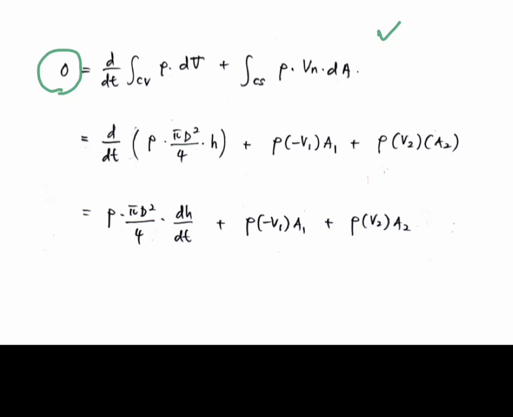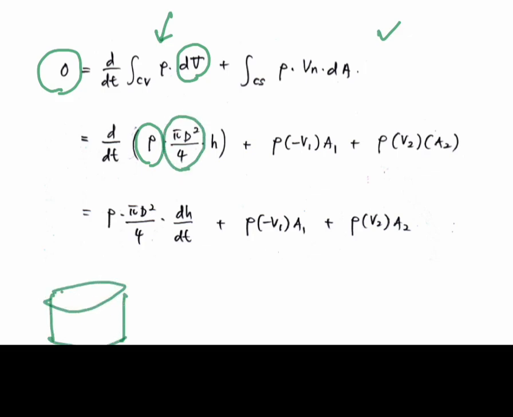Then we substitute all the parameters for the first term. The rho is equal to rho, and the volume is the cross-sectional area of the tank multiplied by h, the height of the water. For the second term, we need to calculate the effect of the cross-sectional area at the inlet and the cross-sectional area at the outlet.